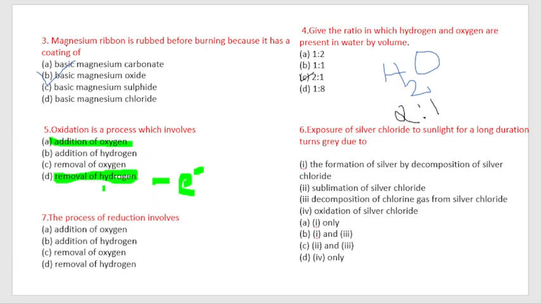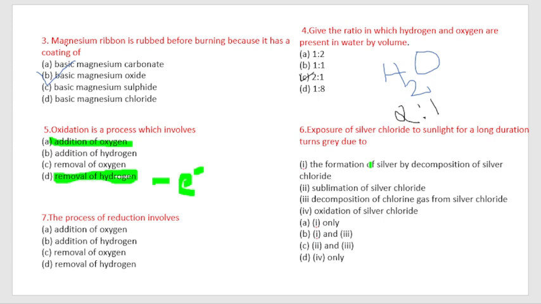Exposure of silver chloride to sunlight for a long duration turns grey due to... This is also a direct question from the textbook. We know that when silver chloride is exposed to sunlight, it will decompose. Silver chloride means AgCl, silver and chlorine. After decomposing, we will get silver and chlorine.